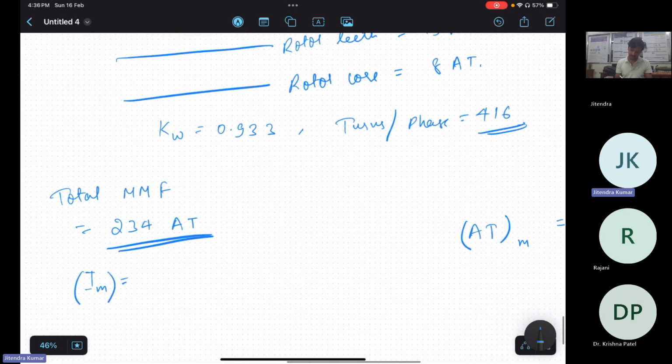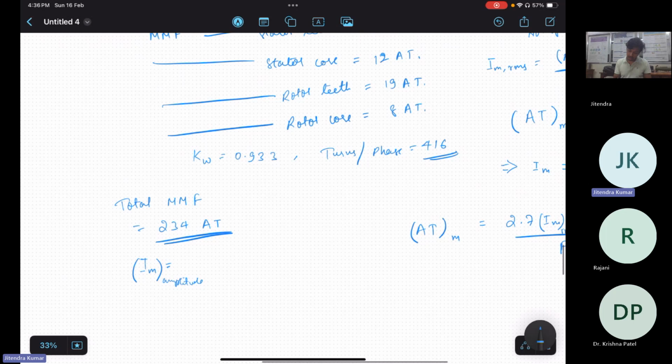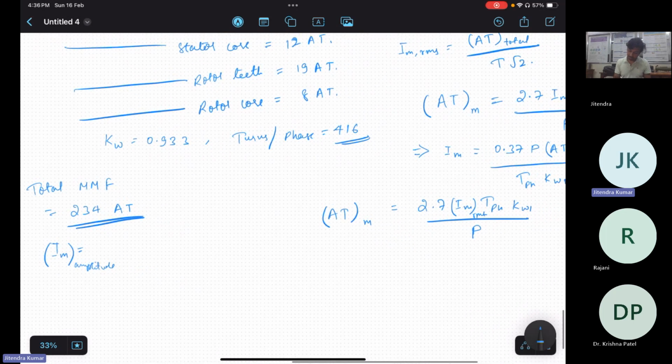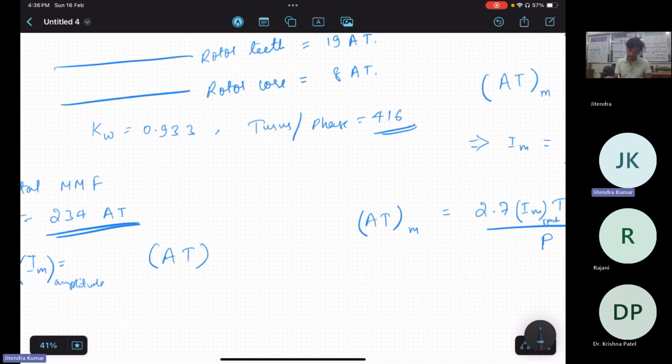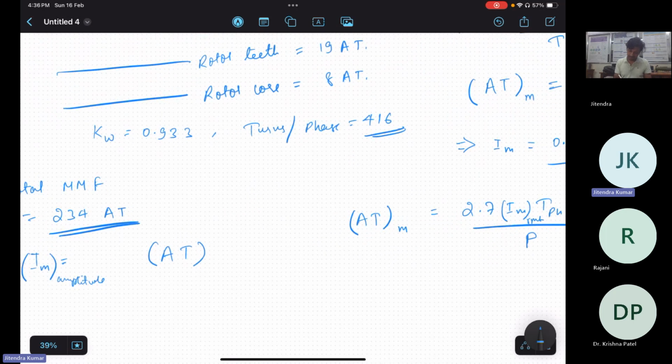I am asking for the magnetizing current amplitude. You need to calculate the amplitude, or magnetizing current per phase. That will be ampere turns maximum, or its magnitude, divided by P into 0.427.